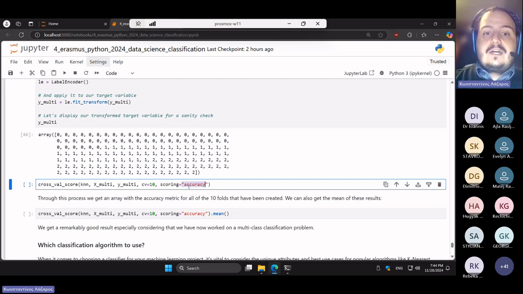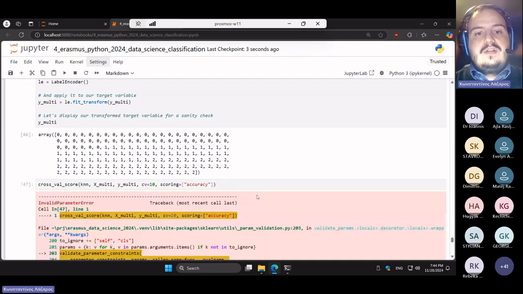So I can use accuracy, but if I set my evaluation scores in the form of an array or a list, I could also set, for example, F1 score. I could set something like the area under the curve, like, for example, ROC AUC, and so on and so forth. But for now, let's just go with accuracy. Let's just use this, so that we don't make things all that complicated.